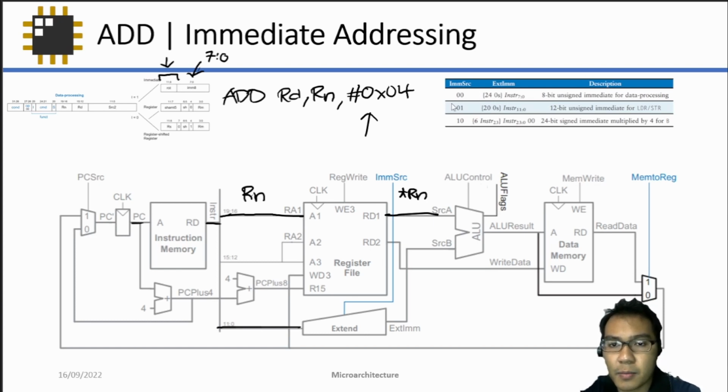And so for the extend block, we tell it to choose data processing immediates, which makes it so that it takes bits 7 to 0 of this one and turns it into a 32-bit immediate. So then that becomes 0x04, that's 32 bits, and then Rn plus 0x04 comes out as the ALU result.